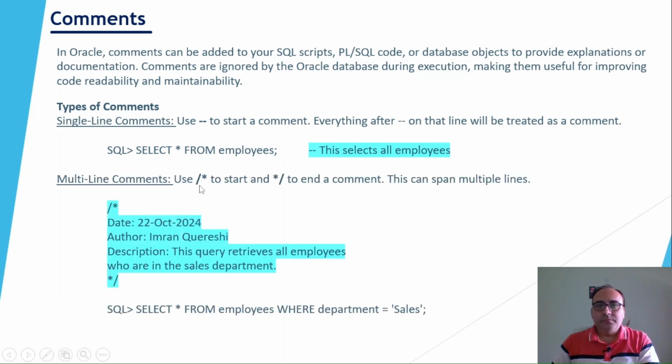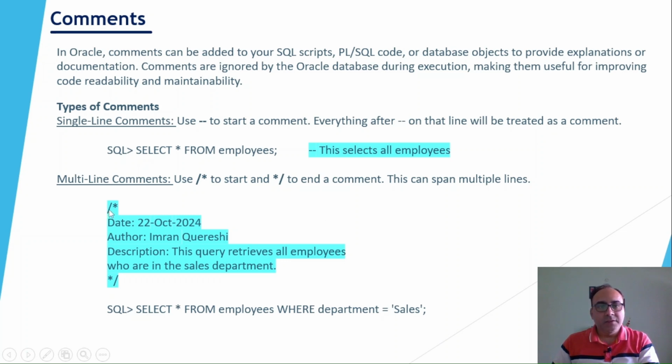Next we have multi-line comments. We can use multi-line comments starting with a forward slash and then an asterisk for starting, and for ending, an asterisk and then again a forward slash. This can span multiple lines. Let's look at the example.